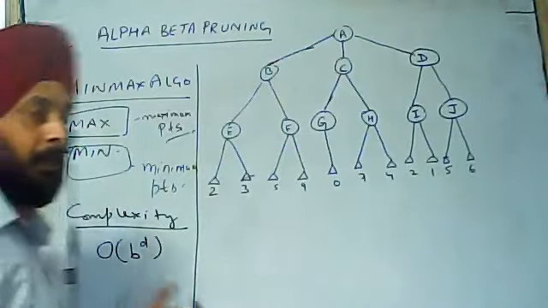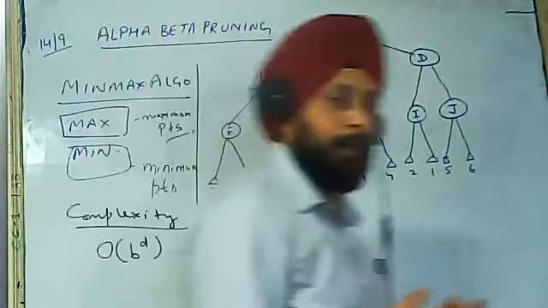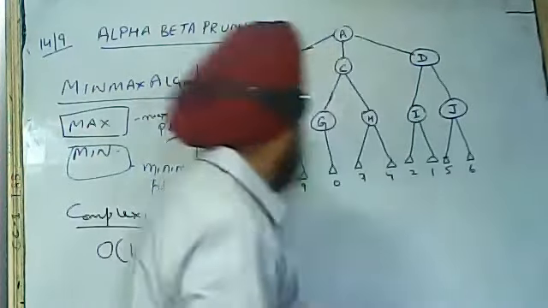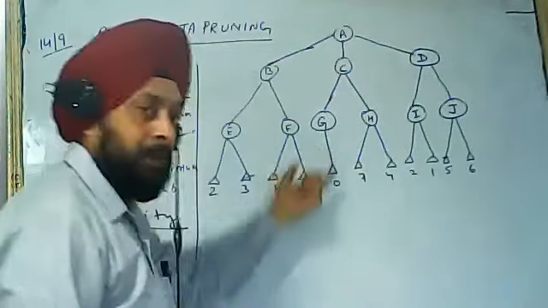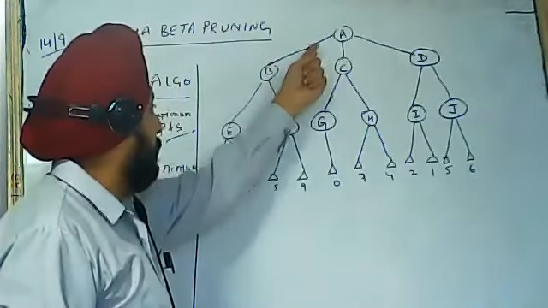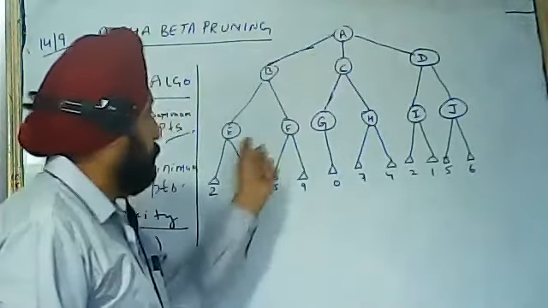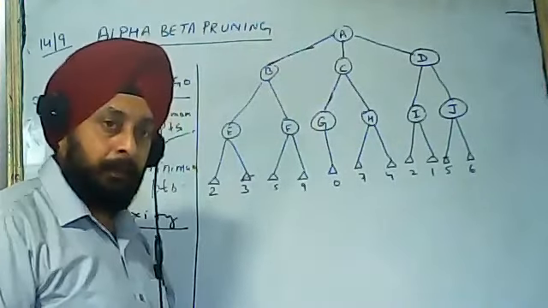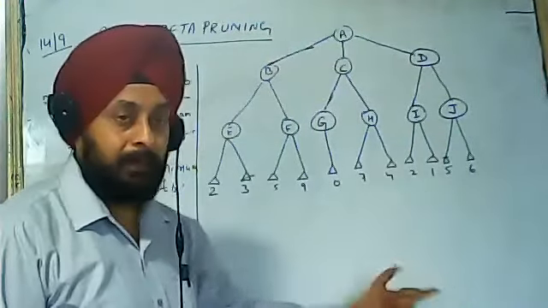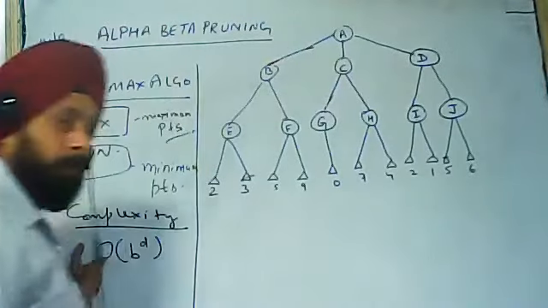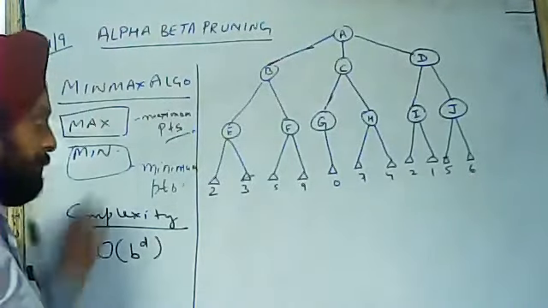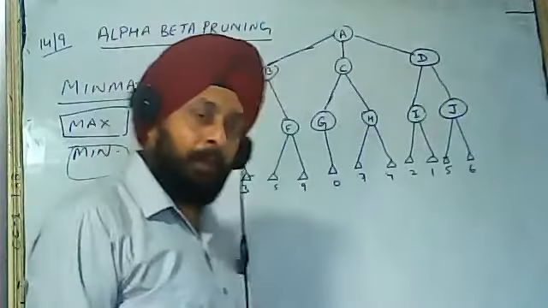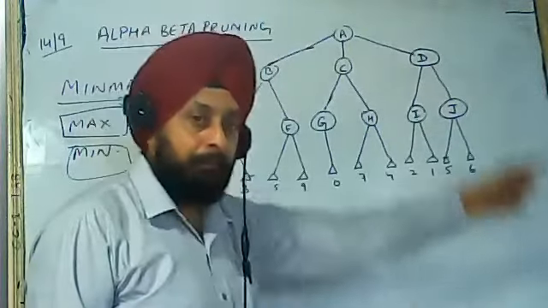This is not considered good in terms of complexity because it is very complex if the tree is very large. Here the tree is only up to level 0, 1, 2. But if the depth of the tree is very high and the branches are also very large, it will take a lot of time and it will be very complex to solve, because in min-max we have to traverse the whole game tree.